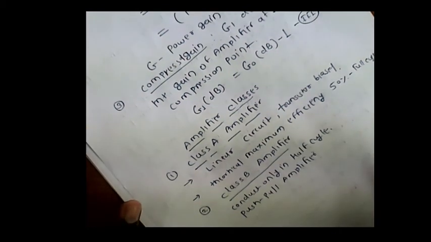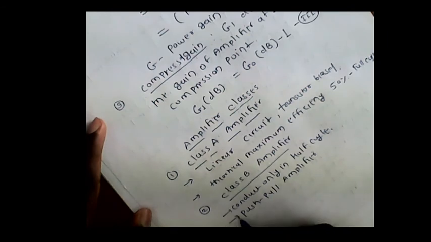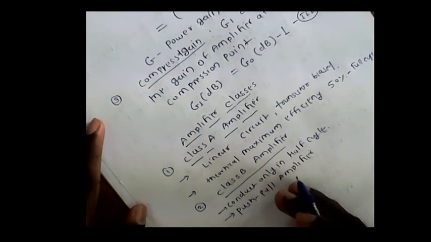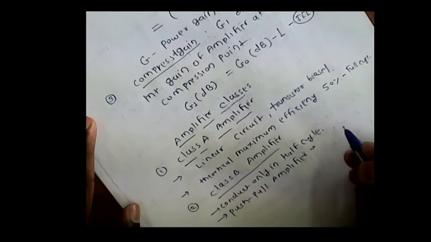So class B amplifier is also called a push-pull amplifier to provide amplification over an entire cycle.